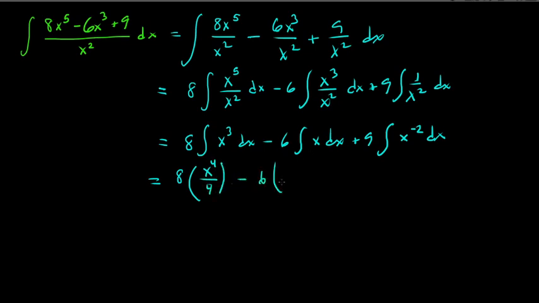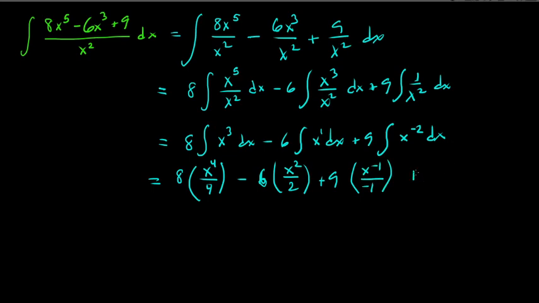Minus 6 times, sorry, that's a 6. This is a 1, of course, so 1 plus 1 is 2. Which means you get x squared over 2 plus 9 times, so be careful, right? You're adding 1, you're not subtracting 1, right? So negative 2 plus 1 is negative 1, right? And then divide by negative 1, right?